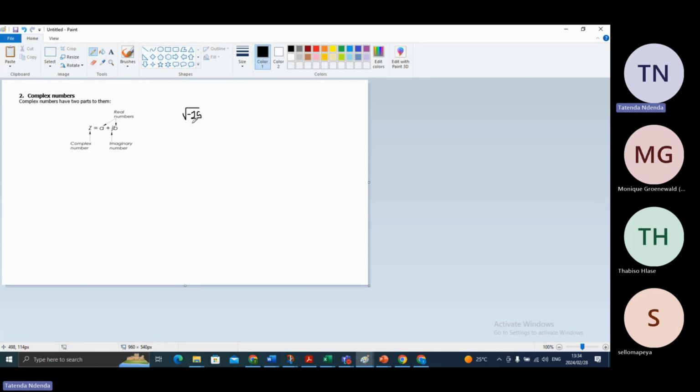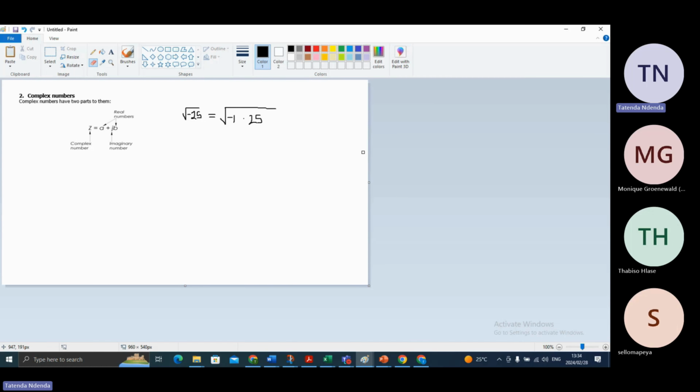Because we know that this thing is the same as saying, if you get confused on this one, let me know, it's the same as saying √(-1 multiplied by 25), sorry. I don't know why I wrote a squared there. We have something like this, right?